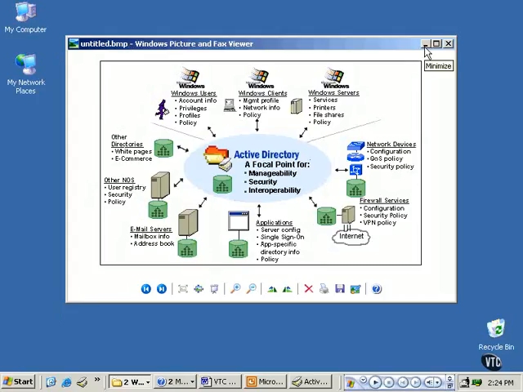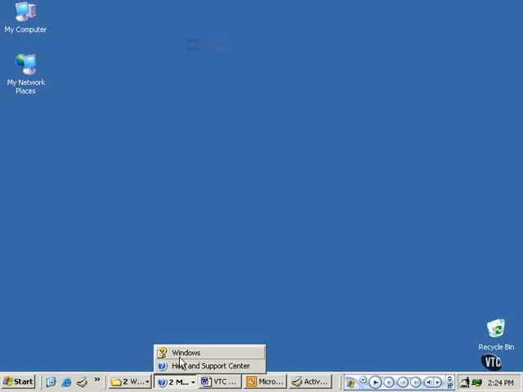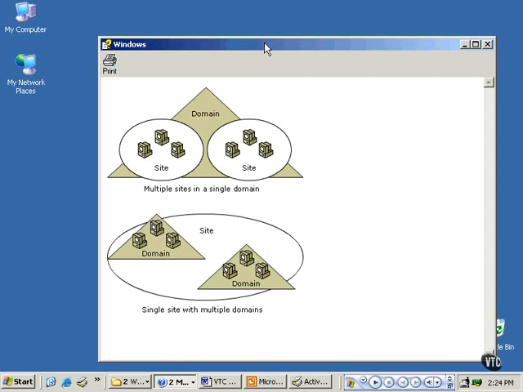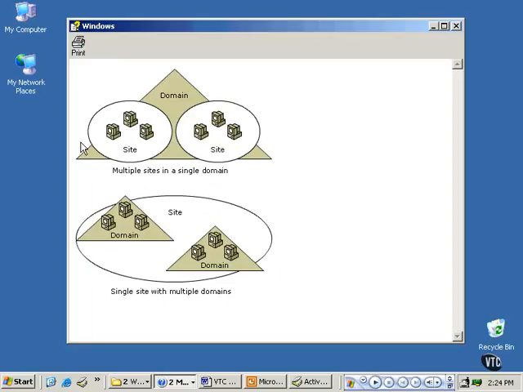I've got one last thing I want to show you here. This is what you see: a domain, and sites can exist as units of replication within a domain. We'll talk about these things a little bit later on, but I just want to give you an idea of what you're looking at when you see something like this. A domain is a triangle, and that's what you always see in a schematic.